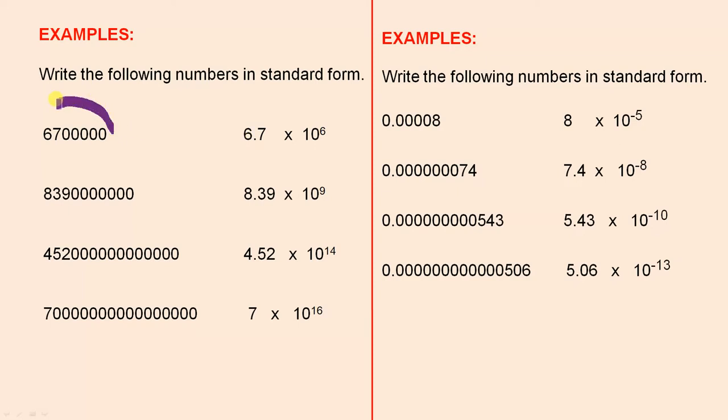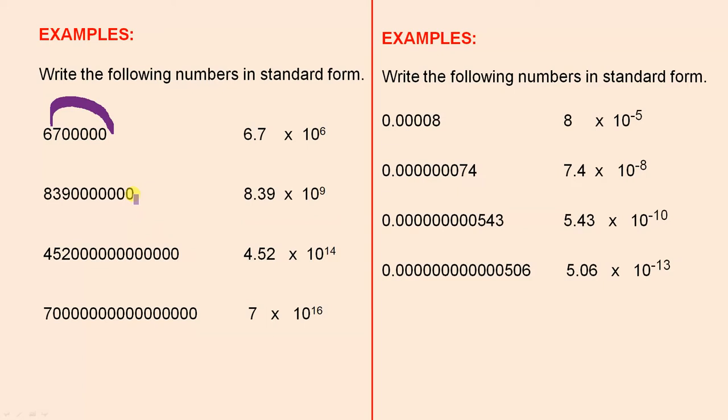We have to go all the way back to between the 6 and the 7. So it's 6.7. Now, how many places do we have to go back to put the decimal point in its original position? We go back 6 places, so times 10 to the power of 6. If we take 6.7 and multiply it by 10 to the power of 6, that takes us to the original number. Notice that the power here is positive because that's a very large number.